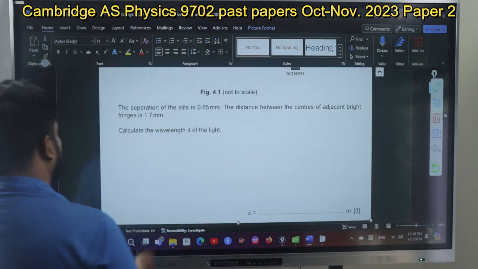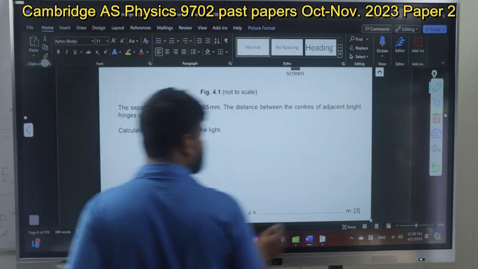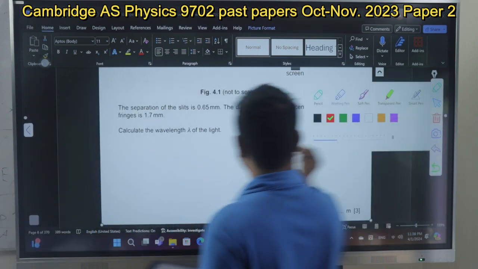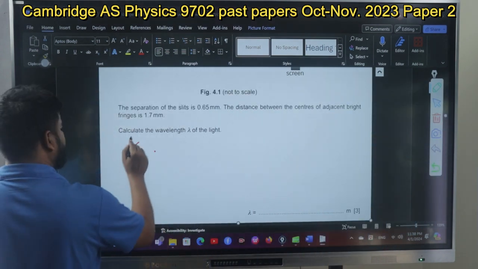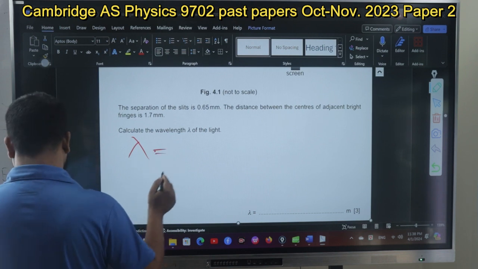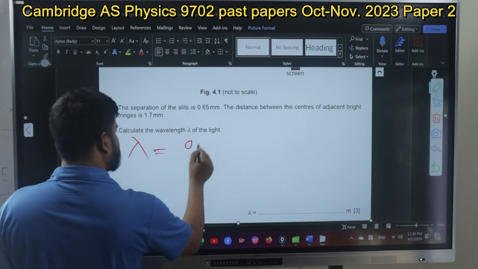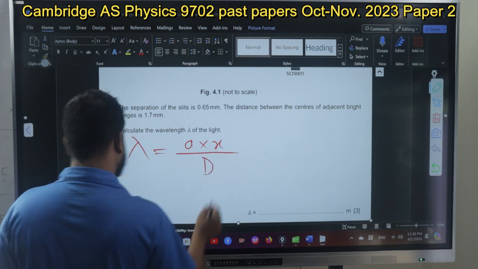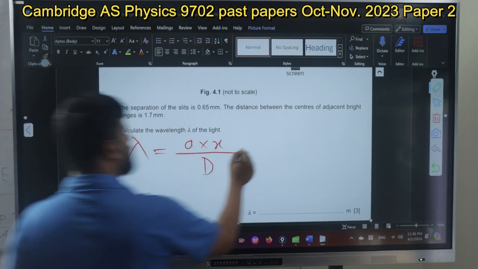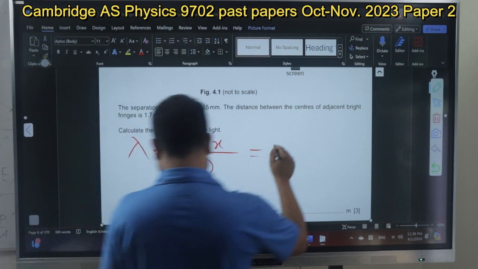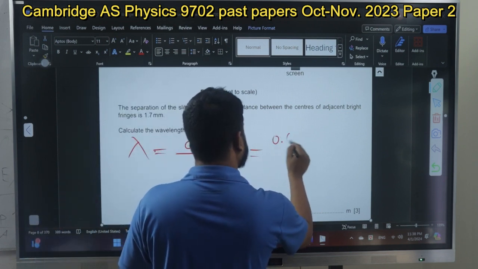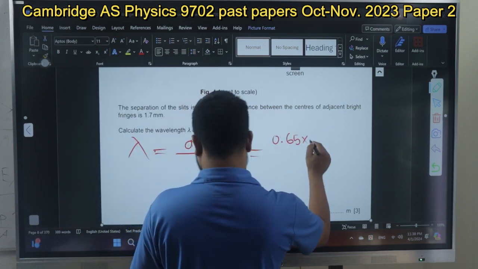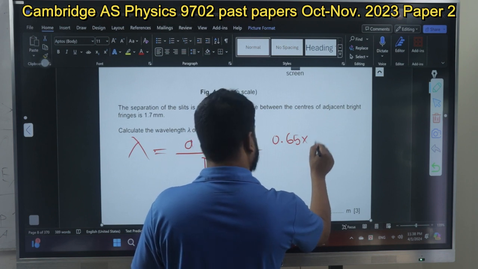We know wavelength lambda equals ax divided by D. So a equals 0.65 times 10 to the power minus 3.